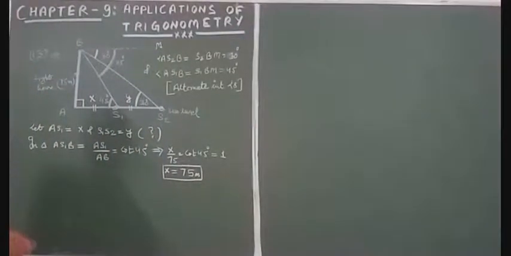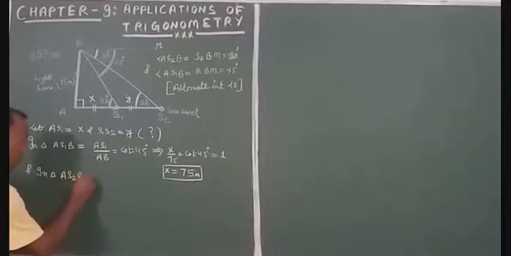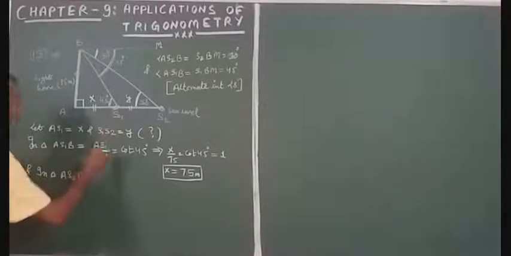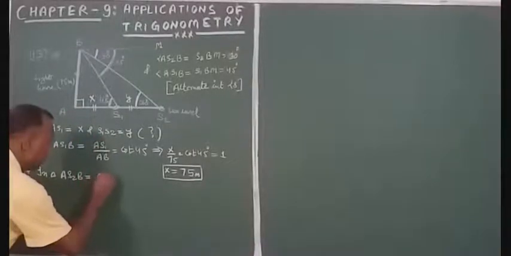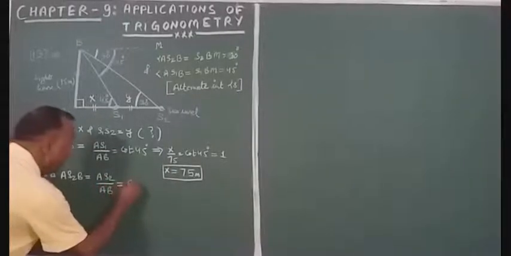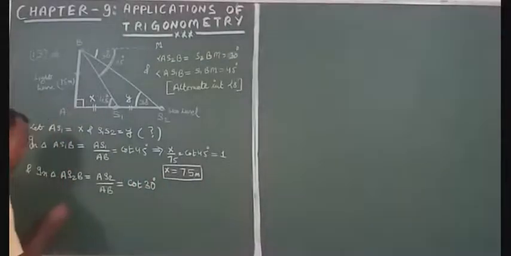Now just look in the whole triangle. In triangle AS2B, what will be there? This AS2 upon AB, that will be base upon perpendicular, which is cot.